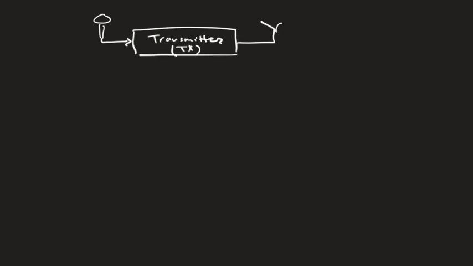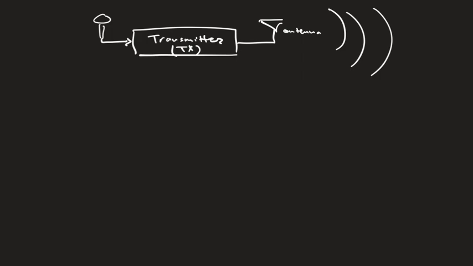Okay, and this is connected to a transmitter, call that TX, and then the transmitter is connected to an antenna sending our signal out. Okay, and that transmitter, for us, it's just the analog front end part. We don't really care about what happens in the digital domain at all.